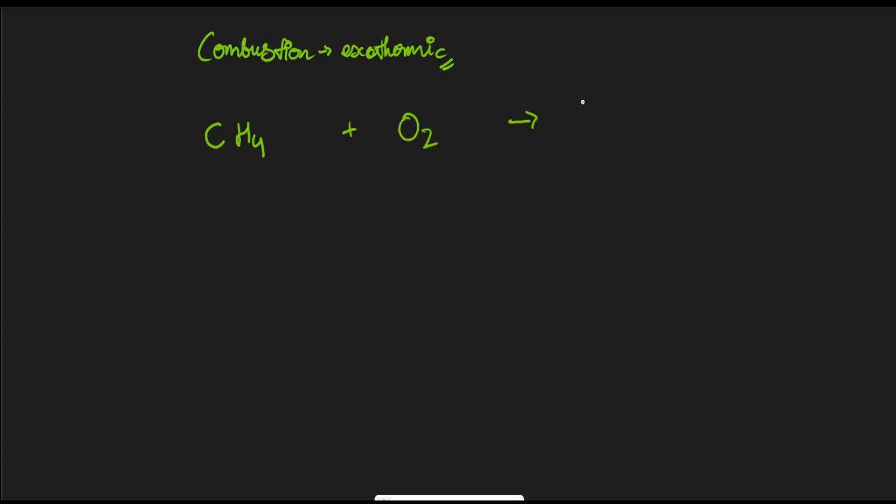So let's write our skeleton reaction. It's CH4 plus O2, and you're going to have CO2 and H2O as your products. A classic combustion reaction. When we look at balancing this, you're going to have 2H2O, and 2O2. That's balanced.